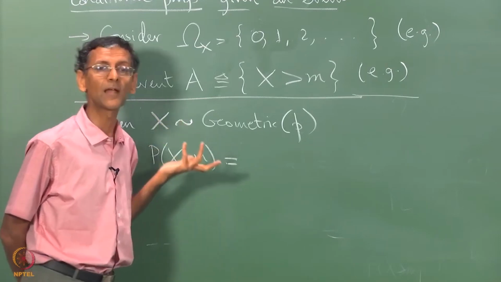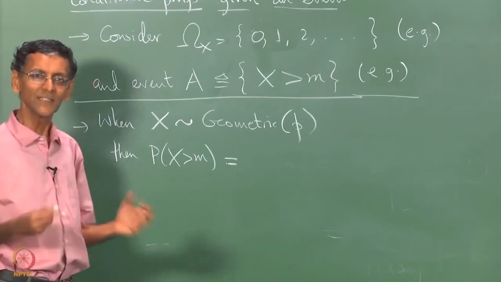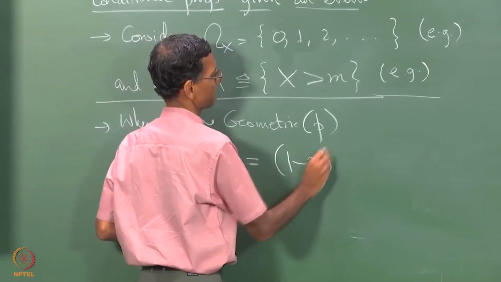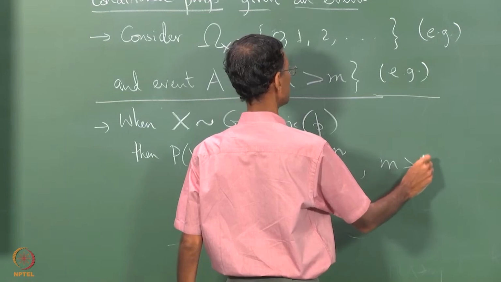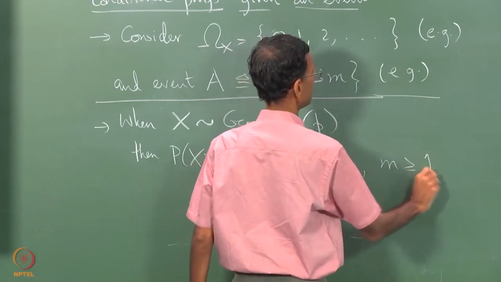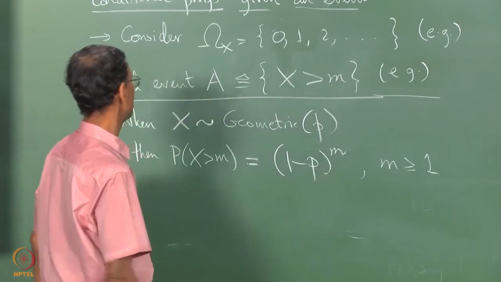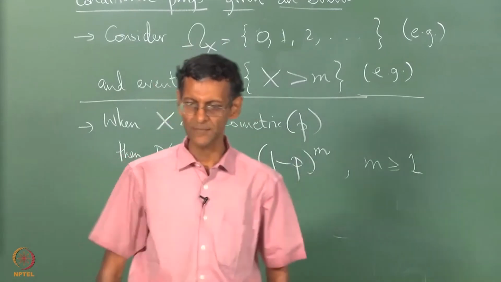Why are you giving me such blank looks? These are things you should immediately say. And it is valid for, maybe I should say m greater than 2, or is it m greater than 1?